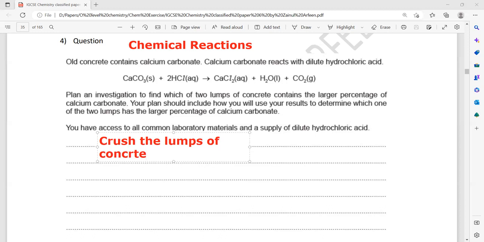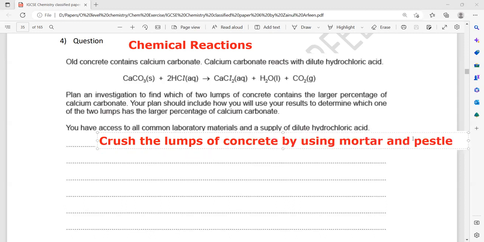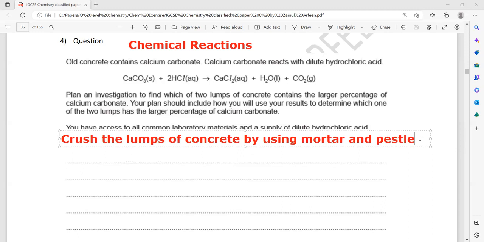So crush the lumps of concrete using a mortar and pestle. Add into a conical flask and add excess dilute hydrochloric acid.